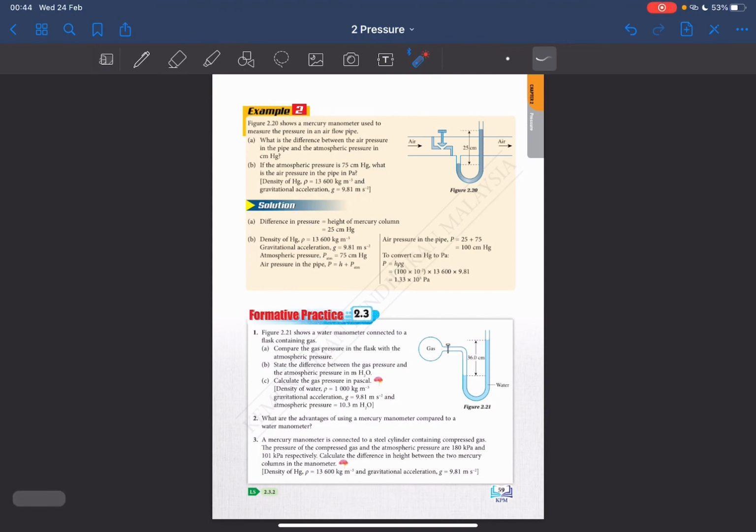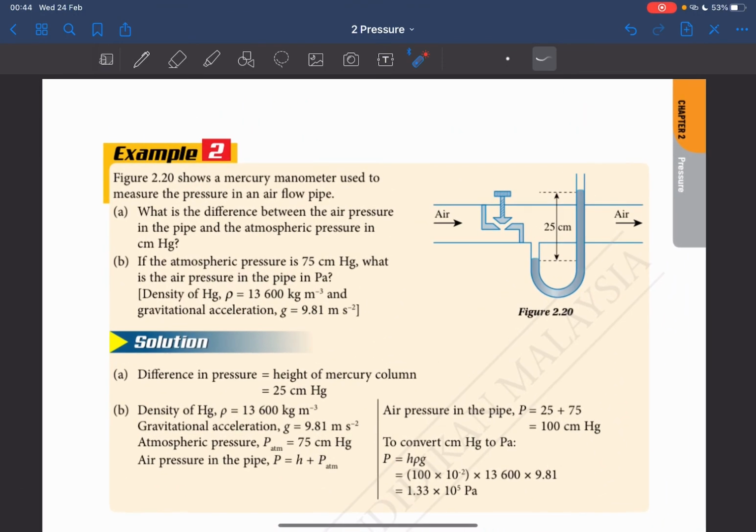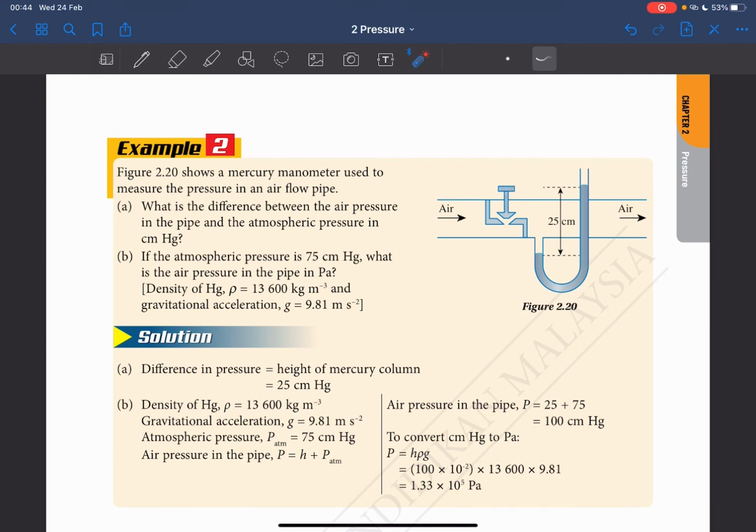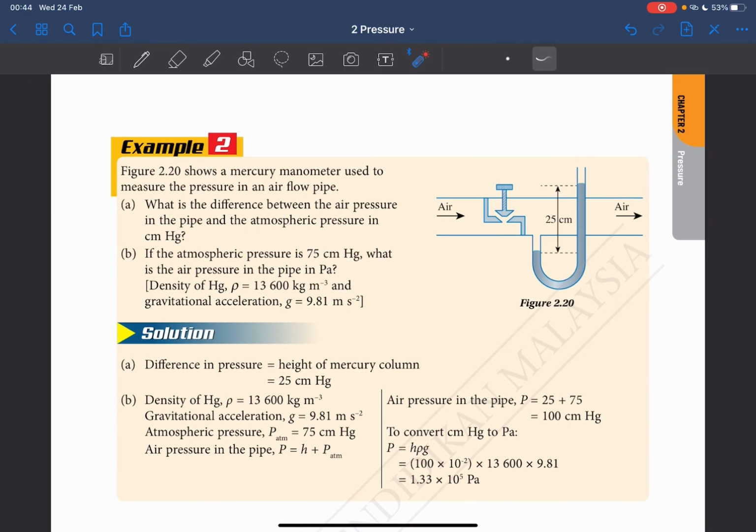The same thing. We have studied this also. Question A, what is the difference in air pressure? So the difference is simply the value of H. So the answer is 25 cmHg. What about question B?